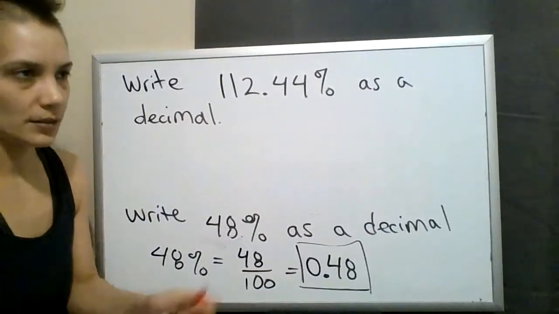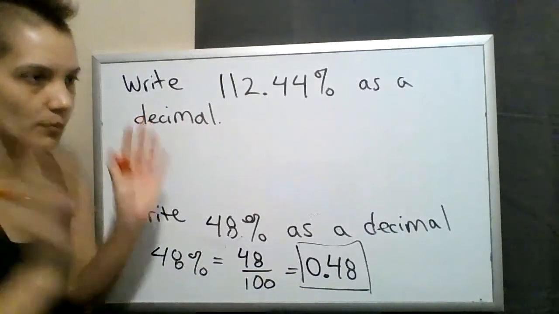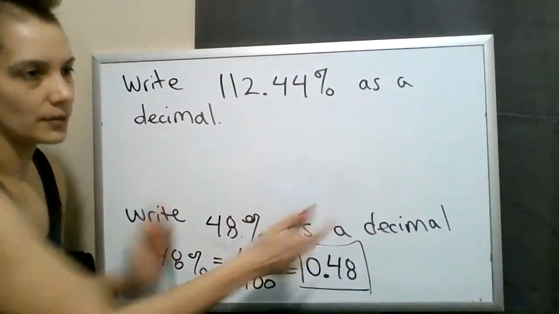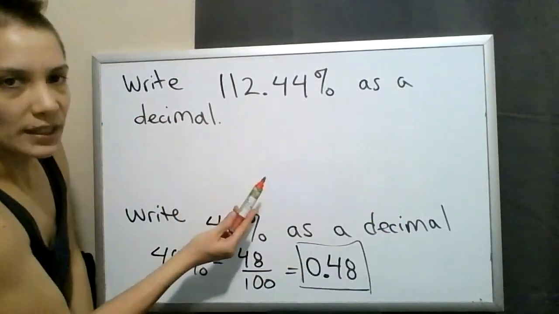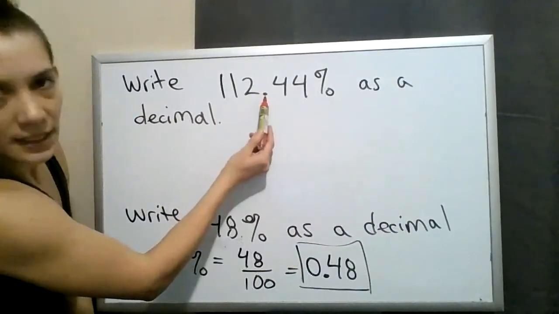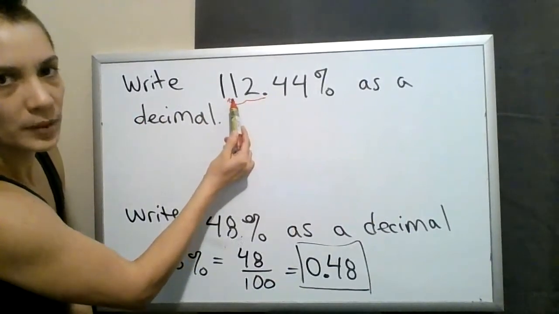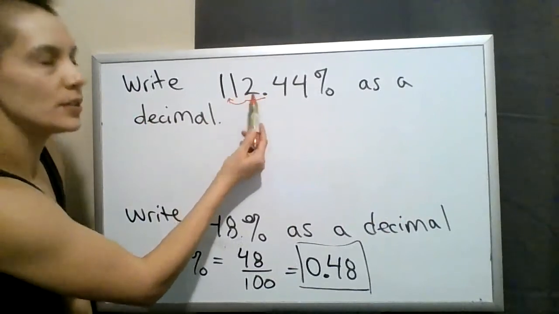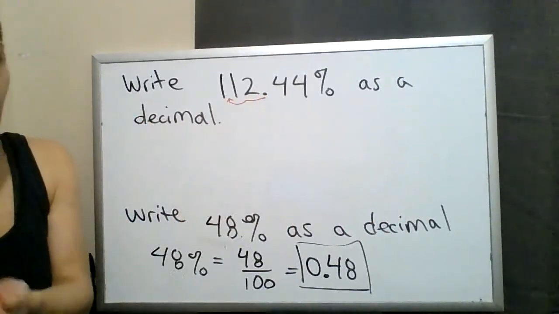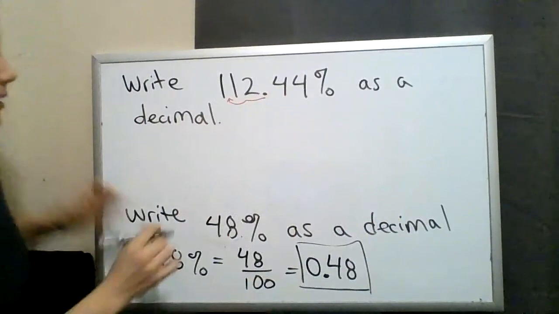So I guess sort of a shortcut, but I'm still going to put the work down in a moment. Go to where the decimal sits and move it over 2 places this way. So we want 1.12 as our decimal number.